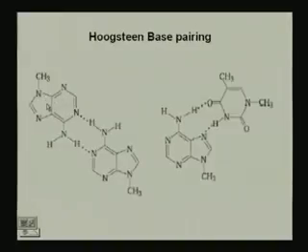Is it a purine or a pyrimidine? Purine. What is this? It's also a purine. Okay. So, in this case, you not only have purine pyrimidine base pairings, you can have purine purine base pairings also.